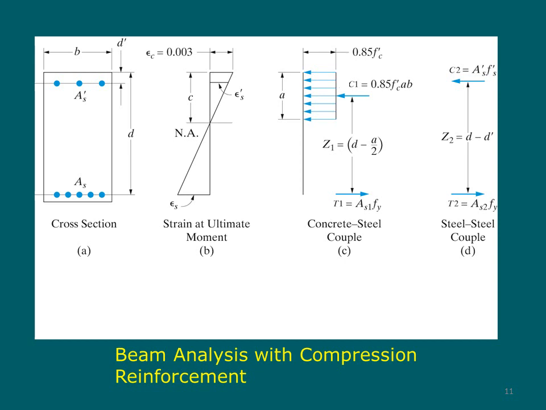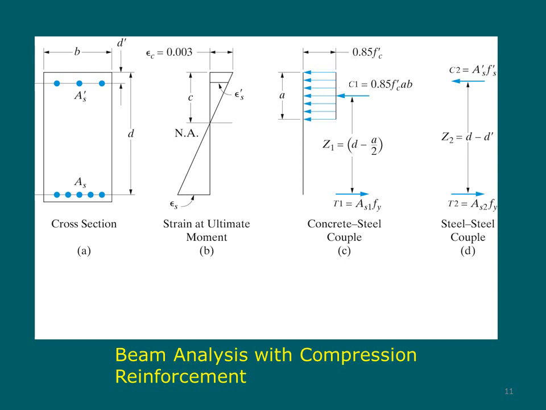Now how about the tension force? Tension force is going to be equal to As times fy, because most likely we designed the tension reinforcing at the bottom to yield. Since I split the two compression forces, and my understanding is C1 plus C2 is going to be equal to the tension force, I can also split the tension force into two tensile forces. I'm going to have T1 and T2.